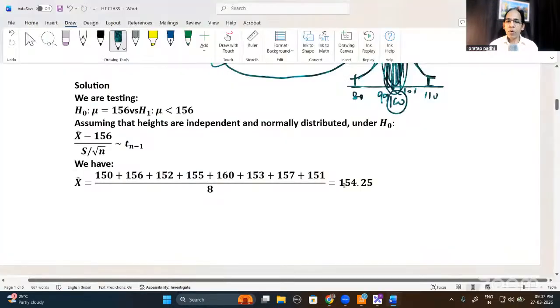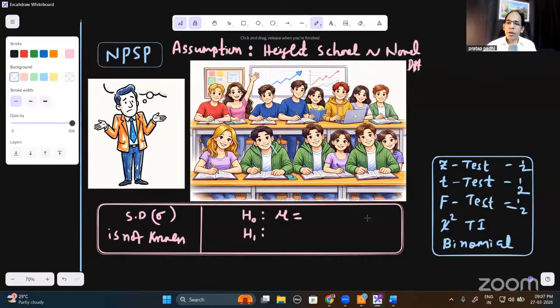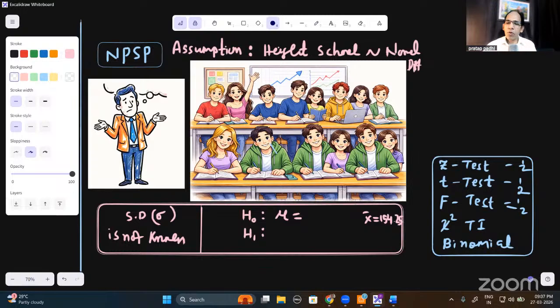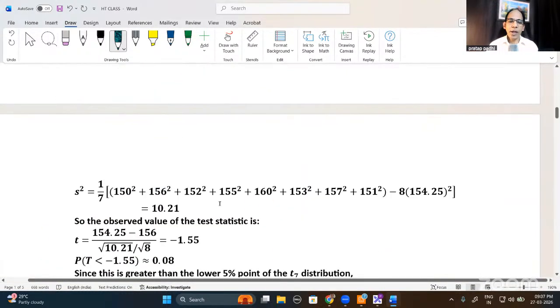No problem. So here I got my X bar 154.25. On the basis of this, we need not only X bar, we need another one, S square 10.21.